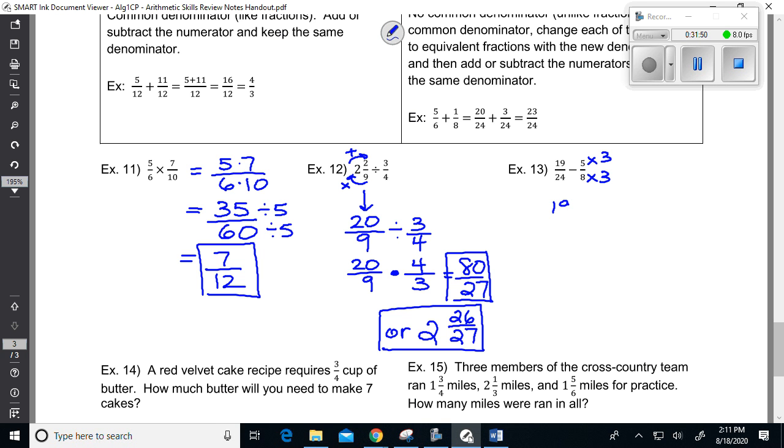So you have 19 over 24 minus 15 over 24. Now that the denominators are the same, we can subtract.